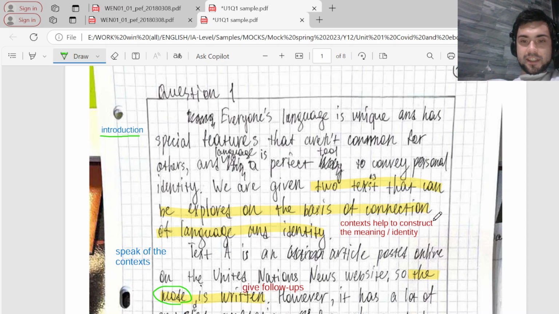Here I would rather suggest the function of the text, and how the contexts help in constructing the meaning that is transmitted, and the identity of the speakers and the particular features of those identities. So you should start with an introduction where you present one or two things in very general terms.